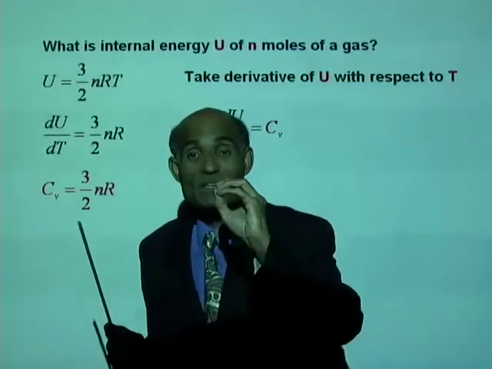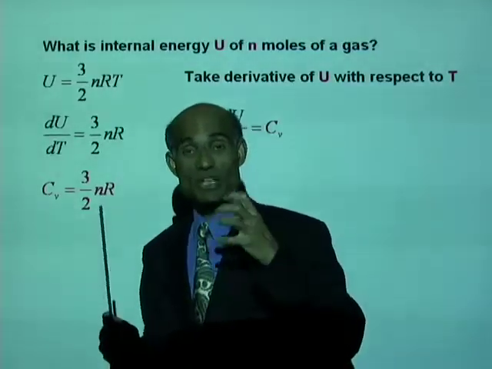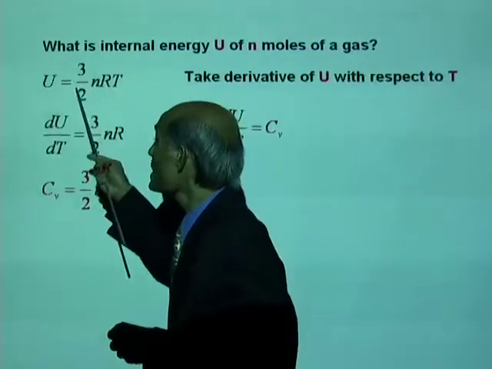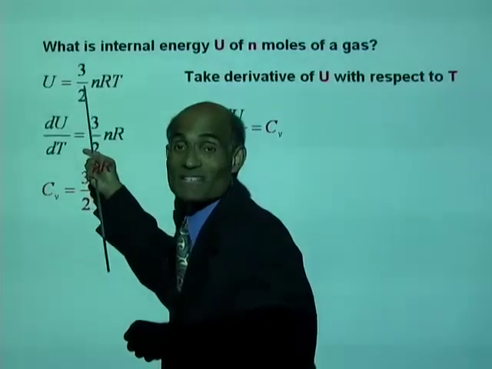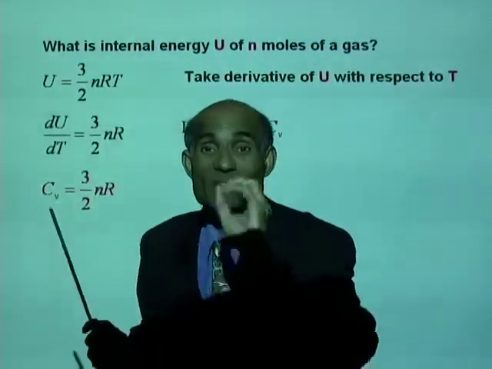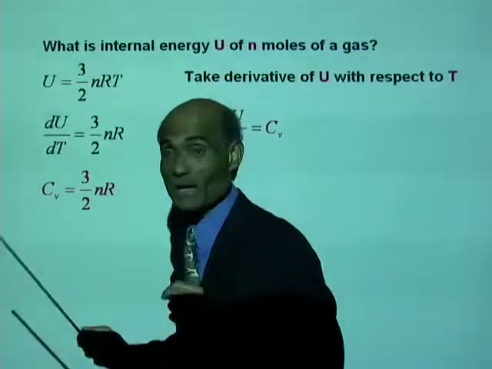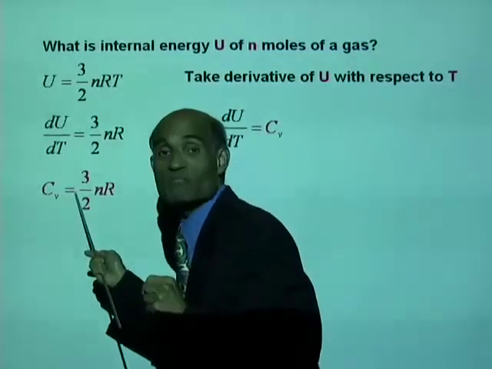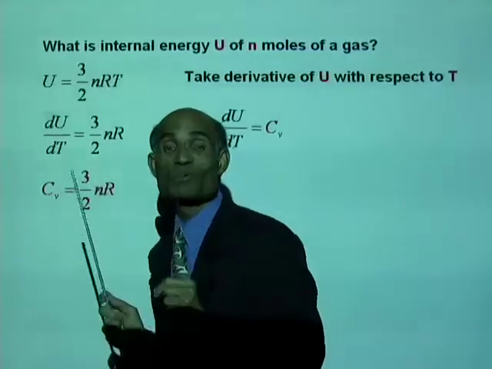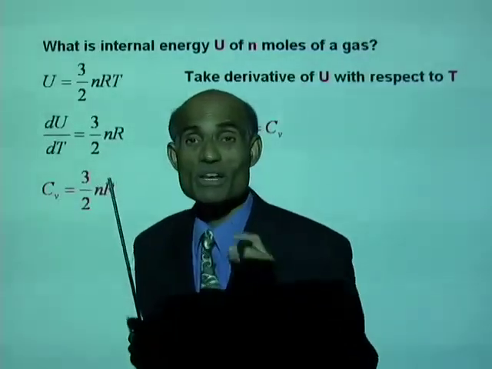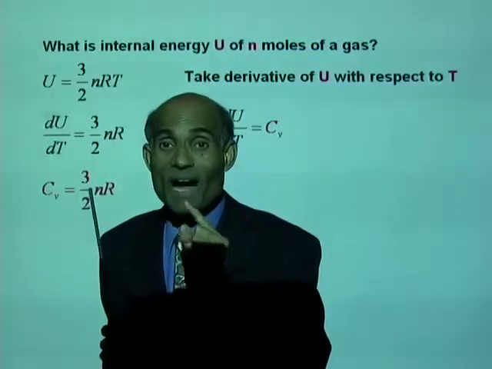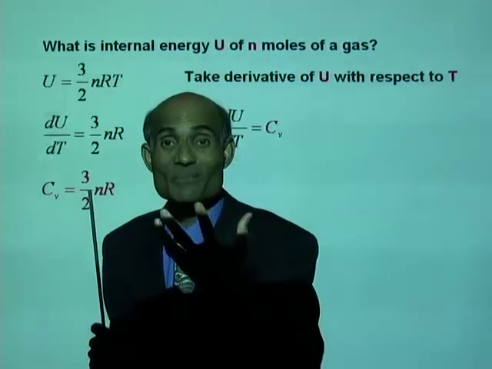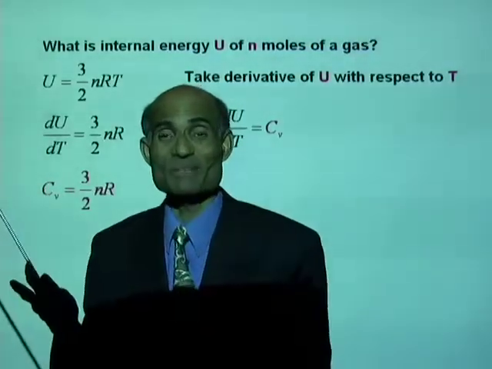If it gives me 3/2 nR as the experimental value, then I can say, yes, the assumptions we made were right. On the other hand, if the measured value does not give you 3/2 nR, then we can say we made a mistake. Our assumptions were not right. See, look at the way science operates.